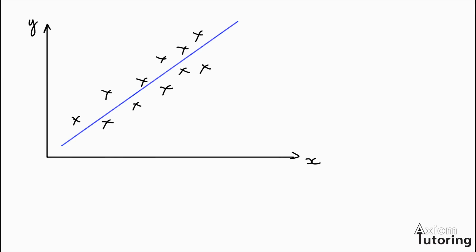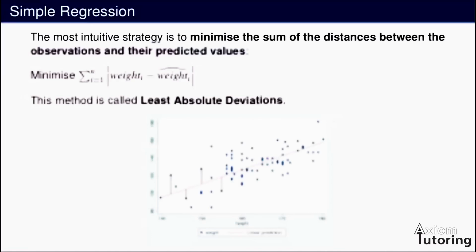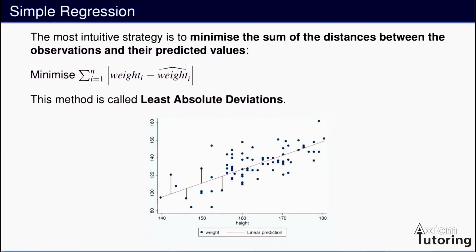Well, one thing that you may think of is looking at the distance between the actual point and the line and minimizing the sum of the distances. So that would be one of the most logical ways of trying to find the estimates A and B. And that's exactly what we use when we use the method of least absolute deviation.